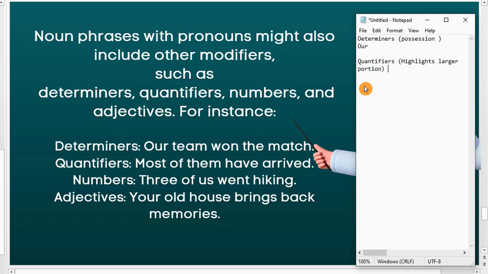And if I talk about numbers, then they specify the count: three of us went hiking. Specify the count.